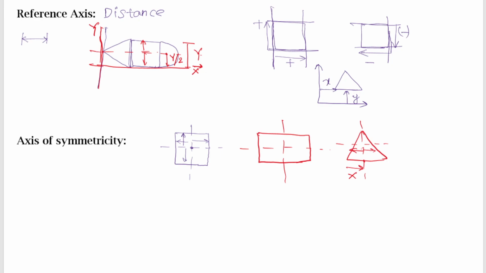If you find the axis of symmetricity, you need not find the location of the centroid in that particular direction. If your image does not have a symmetricity axis, then you need to find the location of the centroid in that direction.